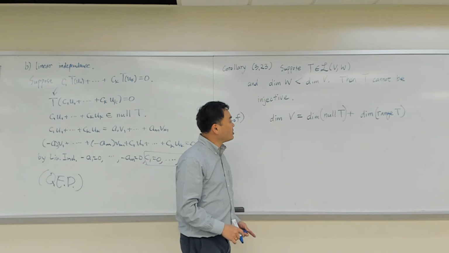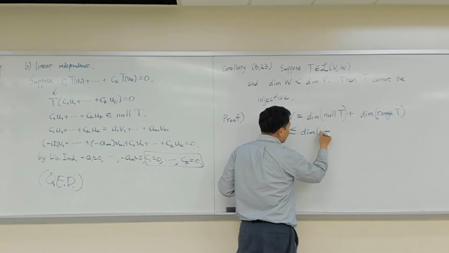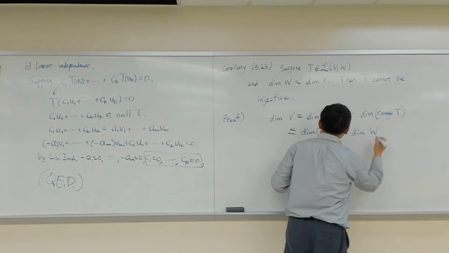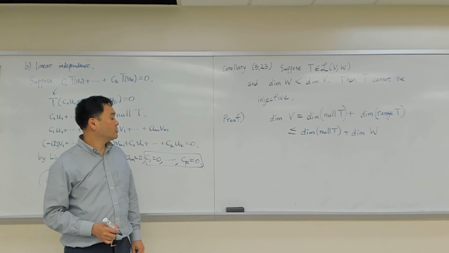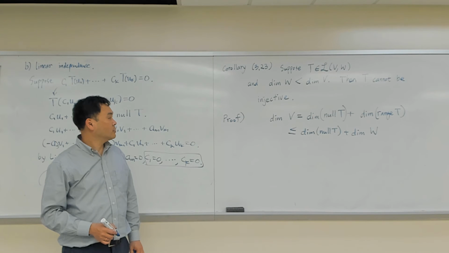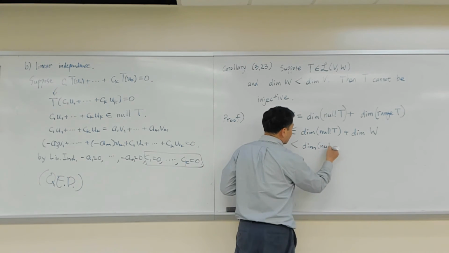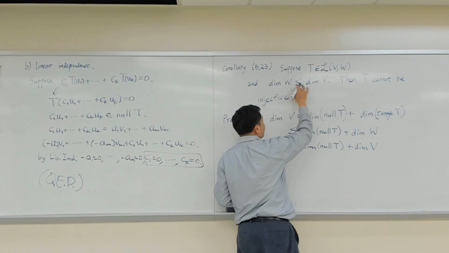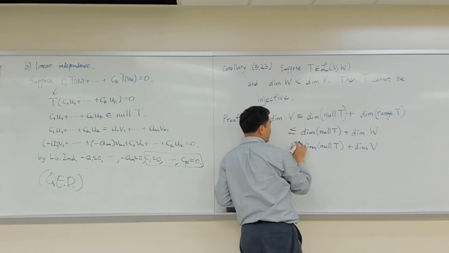And because range of T is a subspace of W, we know that this is less than or equal to the dimension of null T plus the dimension of W. And that's strictly less than the dimension of null T plus the dimension of V. I'm just replacing dimension W by dimension V, and because dimension W is strictly less than dimension V, I end up with a strict inequality.